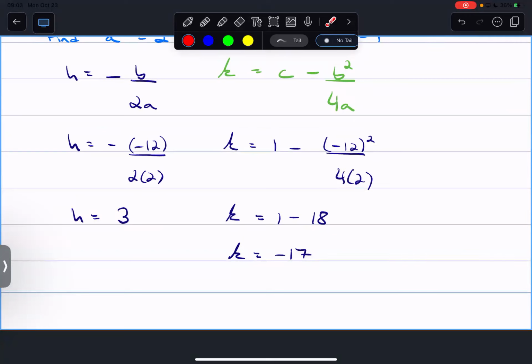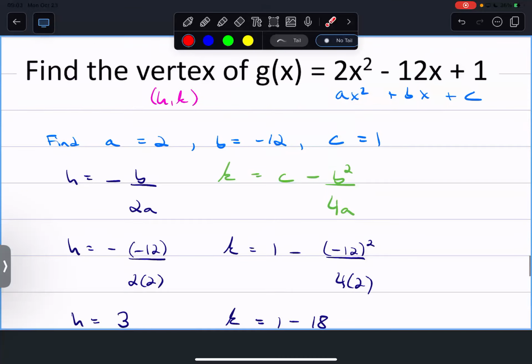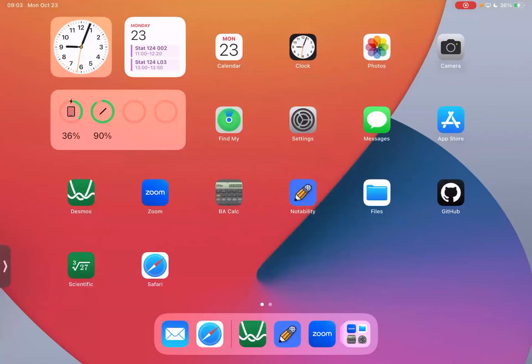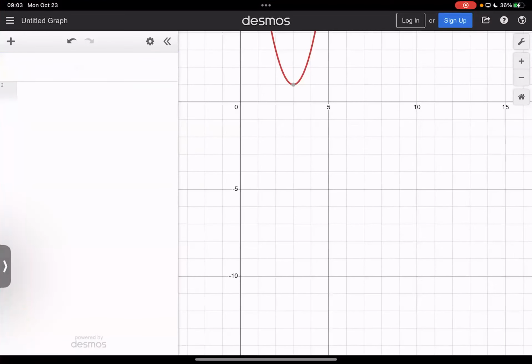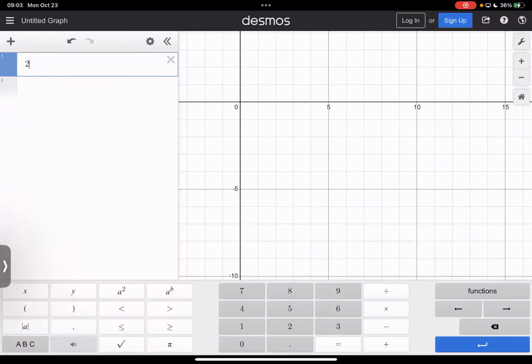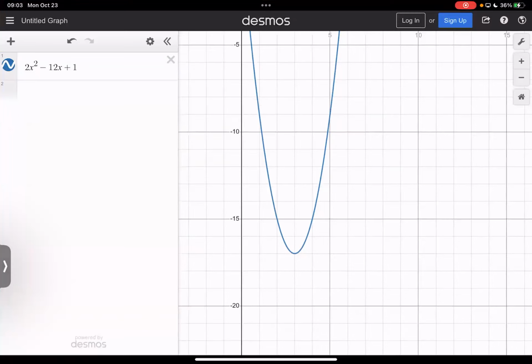Okay, what was I going to do? I was going to graph this thing. Make sure I didn't mess anything up. Maybe don't write anything down until I've confirmed it, okay? Feeling pretty good because I'm not getting nasty values, but that doesn't mean anything. 2x squared minus 12x plus 1. Okie dokie. 2x squared minus 12x plus 1. Feeling lucky.